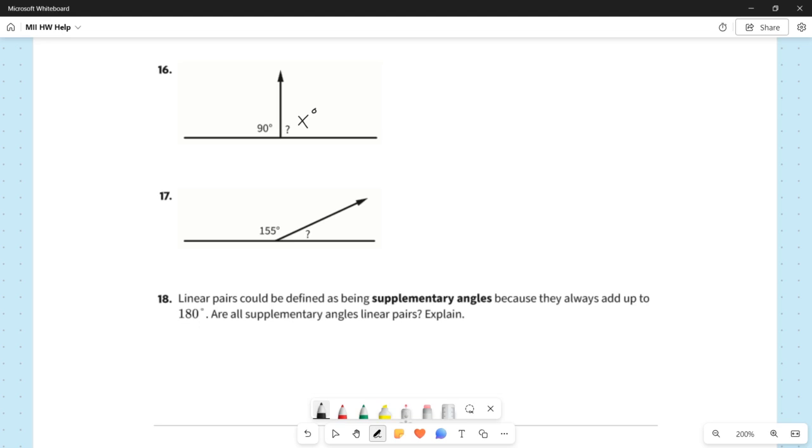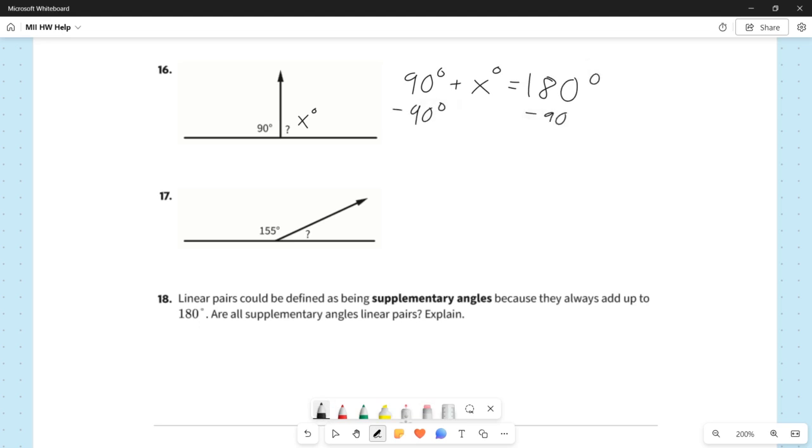So with 16, I have a linear pair here. I have two angles. They share a vertex. They form a straight angle. And I know that with a linear pair, if I take my two angle measurements, so I have 90 on the left, and I have x on the right, I know that the sum of these is going to equal 180.